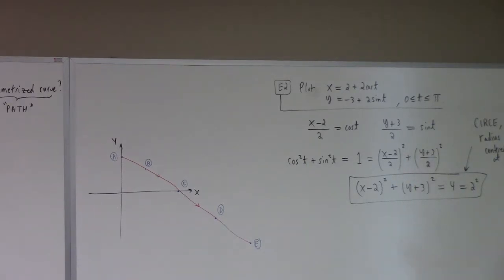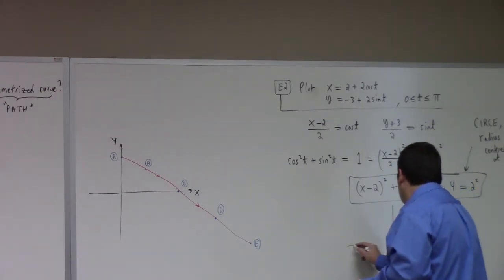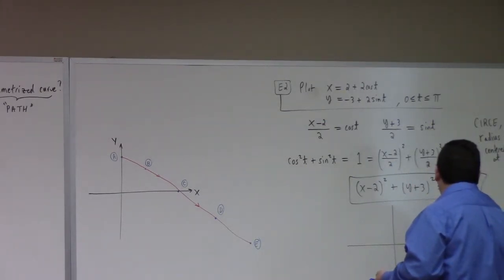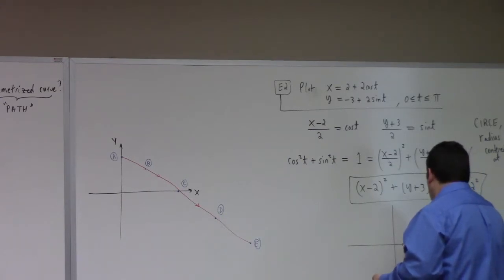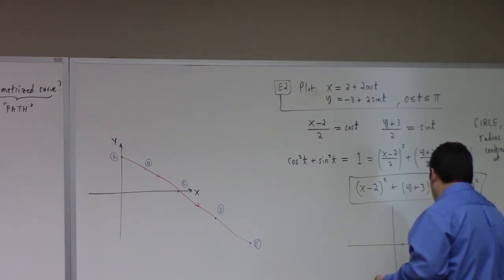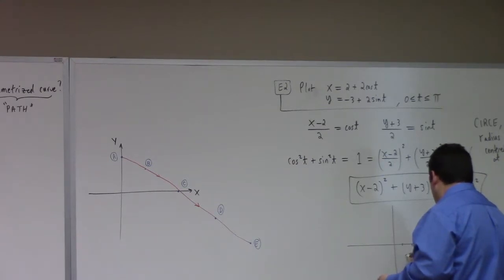Now, if the boxed equation was all that was given, then that'd be the full circle. But that's not this. We're given, in the fine print, a parameterization of the circle. And so that parameterization says that if you look at that circle at (2, minus 3), here, I'll draw it dotted.